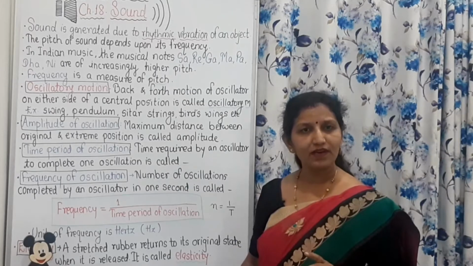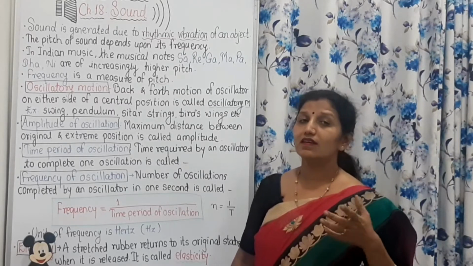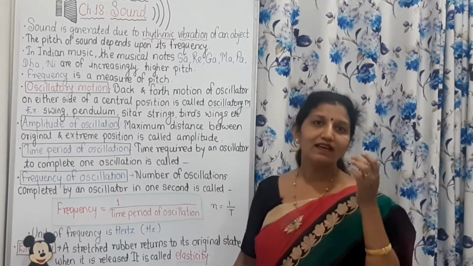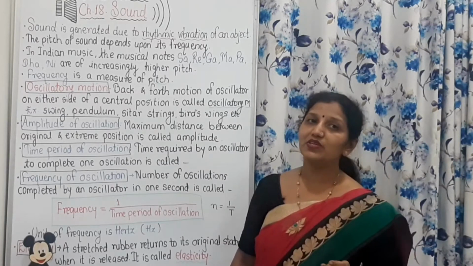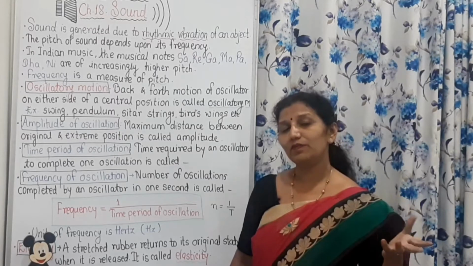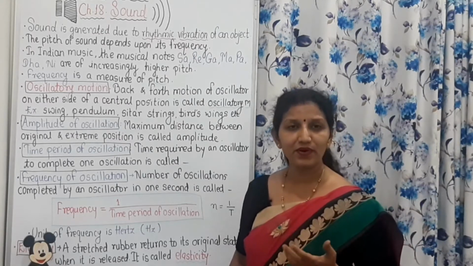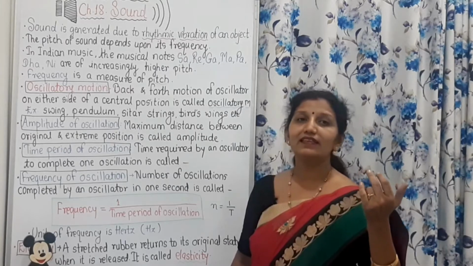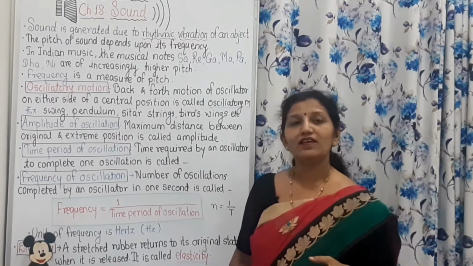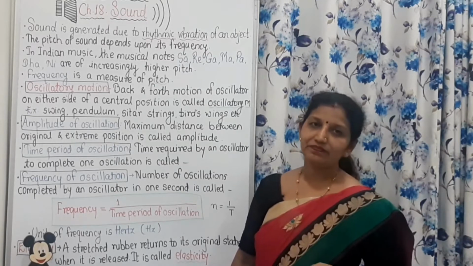While playing tabla or drum, the diaphragm is adjusted so that there will be the required pitch of the sound. When we play guitar or tanpura, at that time the strings are set so that the pitch will be there.